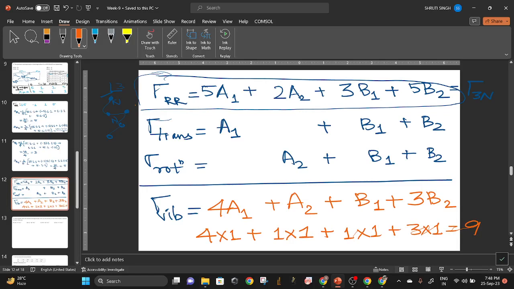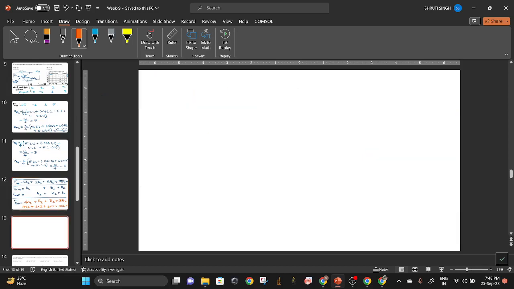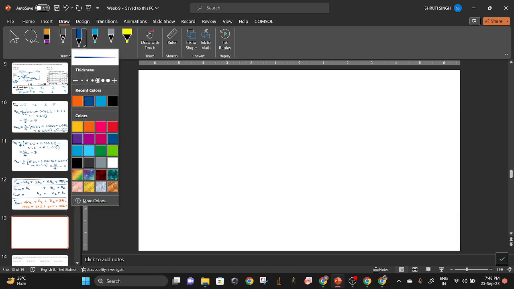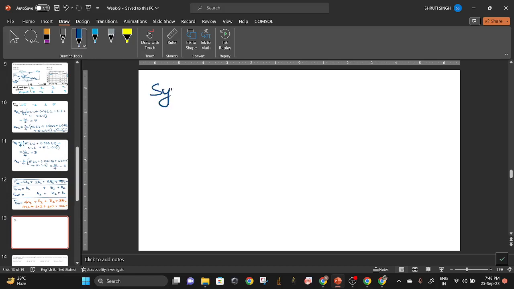Now we need to check out of these 9 what is symmetric and what is asymmetric stretch. Okay, now let's draw this molecule again. For symmetric stretch, let's say, symmetric stretch is easy to say. Symmetric stretch means it is symmetric with respect to all the characters. So which normal mode will it be?